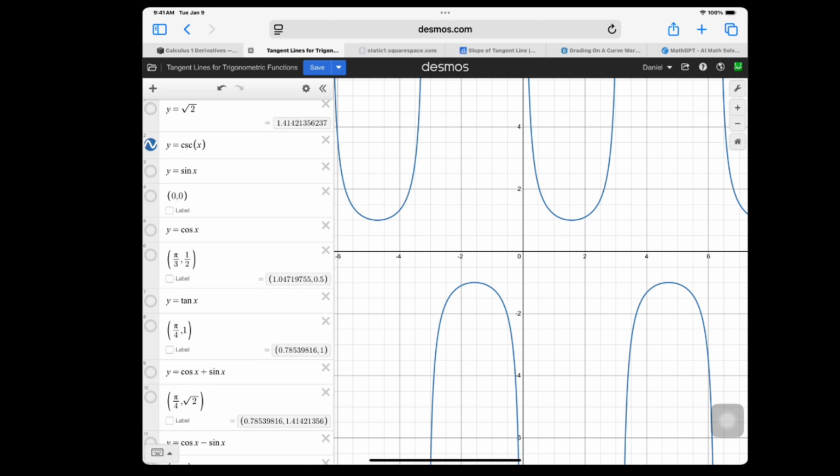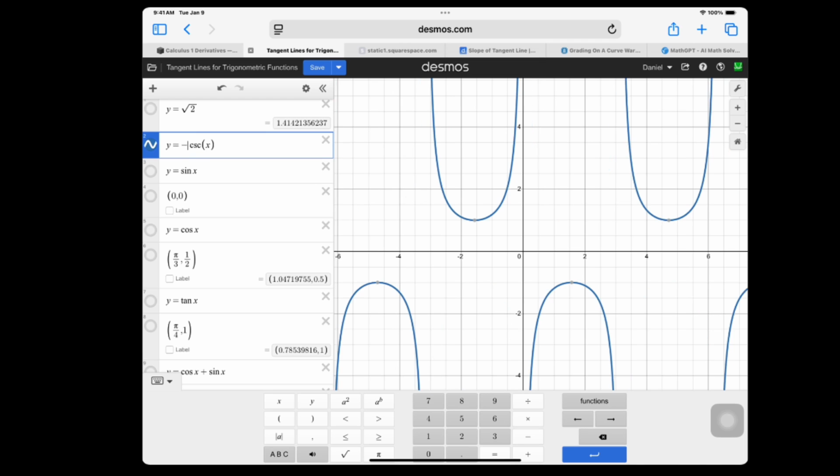Here's cosecant. Does it ever cross the x-axis? So there are no intercepts. That's what that means. And if I put that negative sign in front, it just reflects your curve about the x-axis. It still never crosses the x-axis. So cosecant's never 0, if you guys recall.